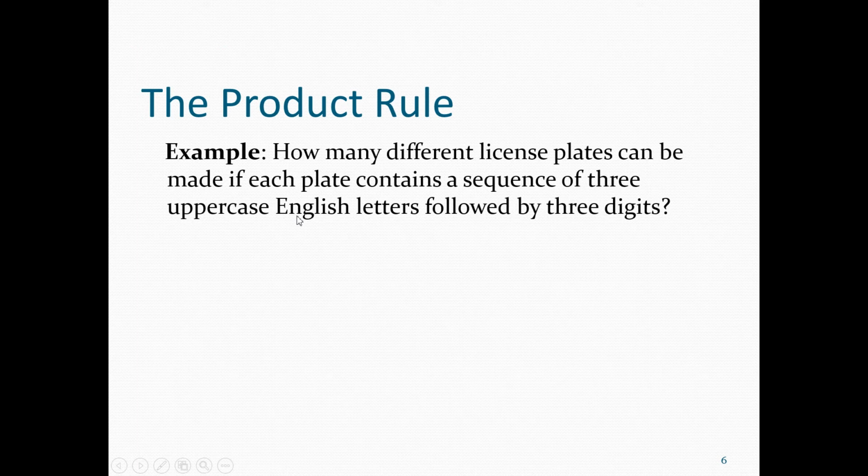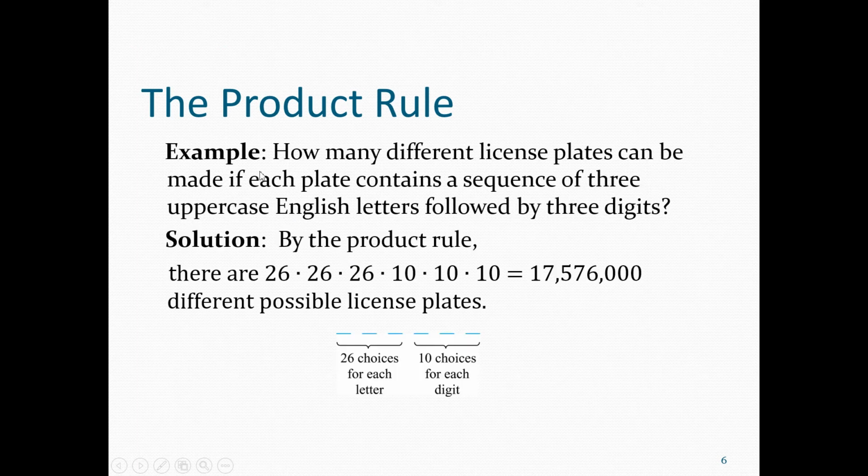Again, an example of the product rule: how many different license plates can be made if each plate contains a sequence of 3 uppercase English letters followed by 3 digits? So we have 6 spaces to fill. The first 3 spaces must be filled by letters, and we have 26 choices for each of these 3 spaces.